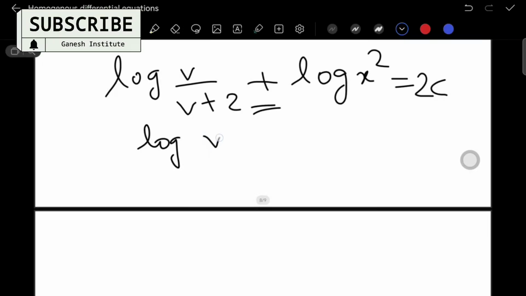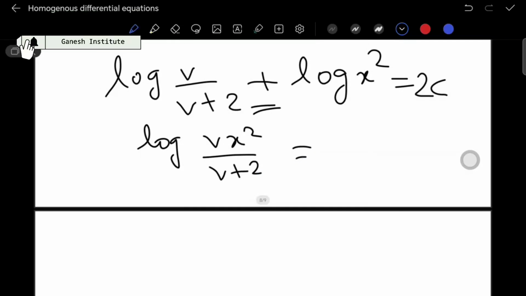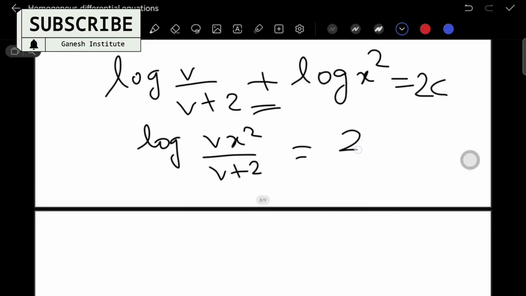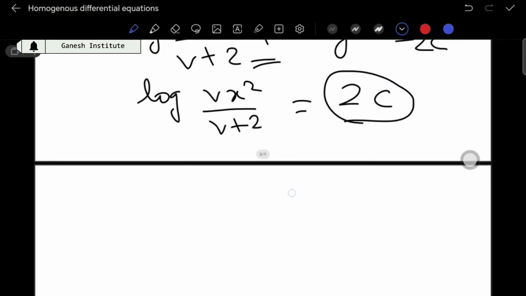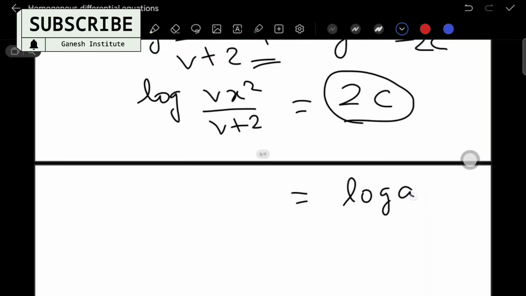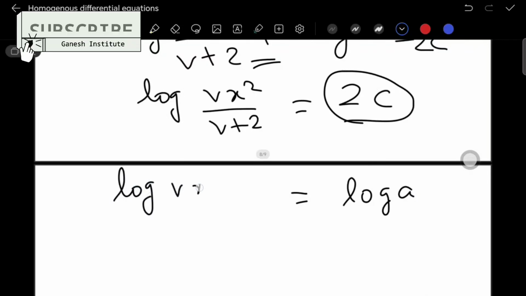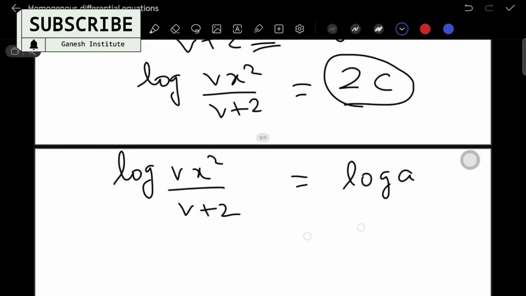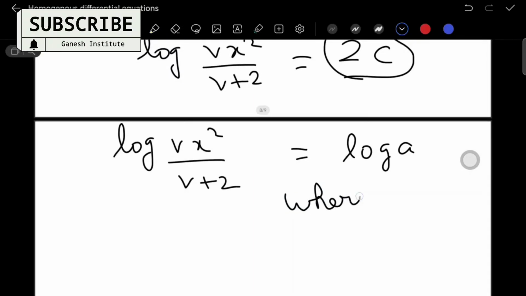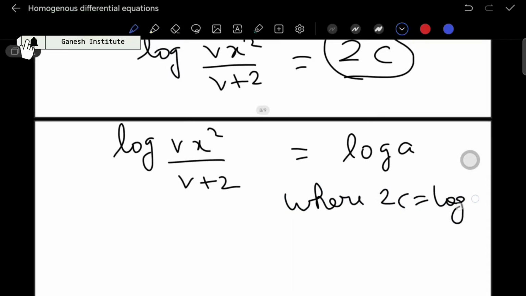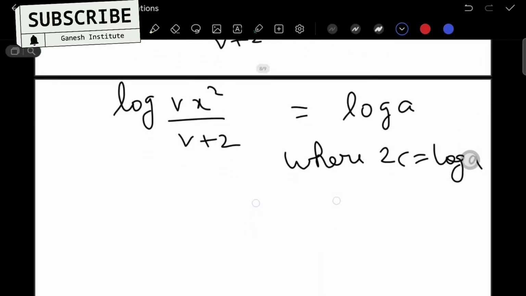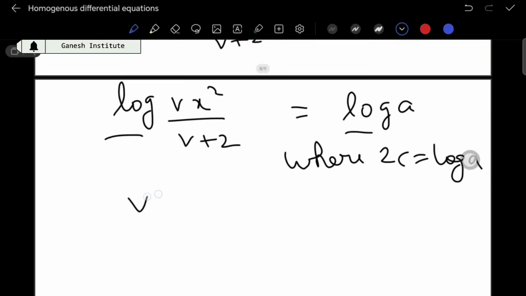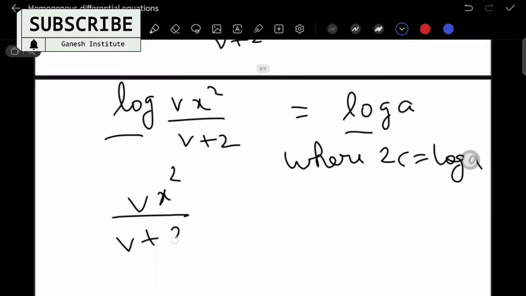So it will become vx square by v plus 2, and this is 2c, right? If you want, you can consider this 2c as log c or log p or log a, whatever. Correct? Where 2c is log a. In case you want to consider the whole thing in the log form, so it's easy now. Log gets cancelled and vx square by v plus 2 is equal to a.